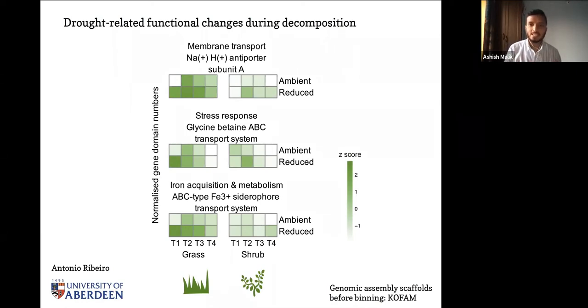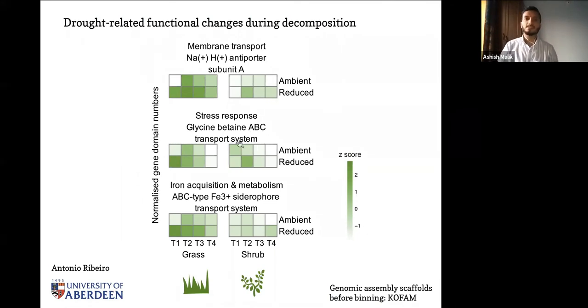And using DESeq, we looked at the most abundant genes that were found in the three main functional categories that we identified, that of membrane transport, stress response, and ion acquisition and metabolism. And within these, two were linked to maintenance of osmolarity using inorganic or organic ways.